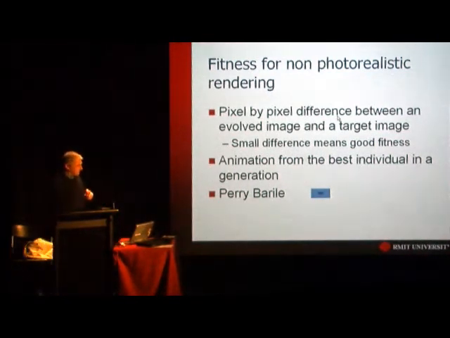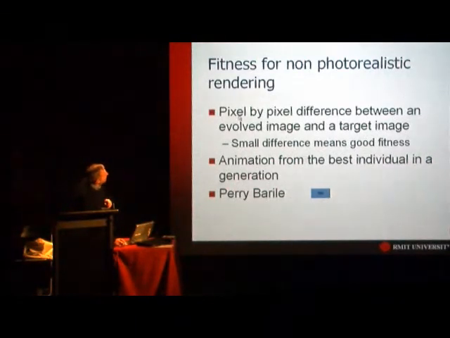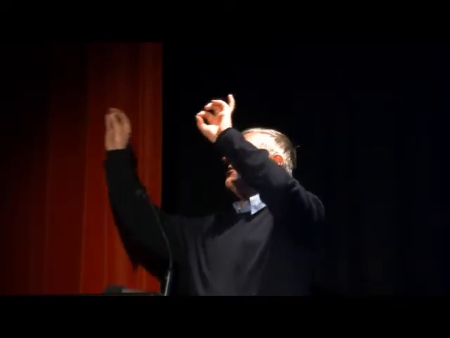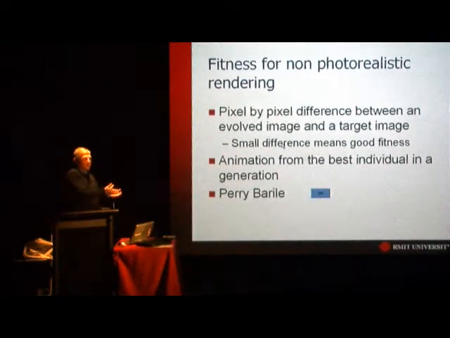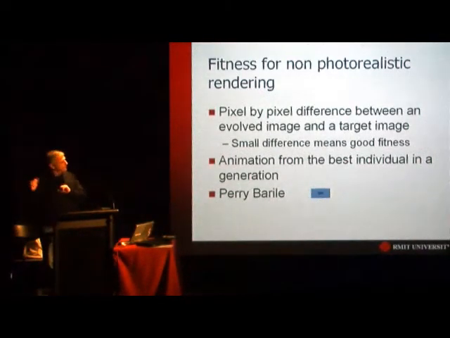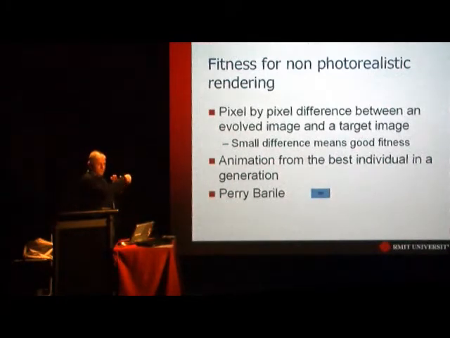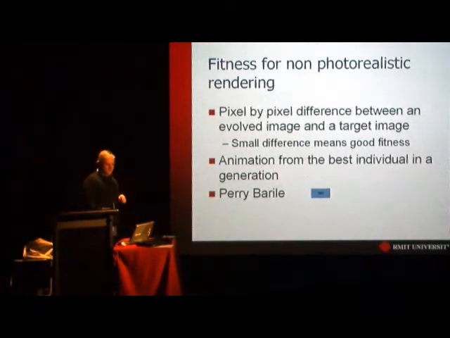We're using straight pixel by pixel differences between the evolved image and the target image. So we've got the target here, the evolved image is here, one pixel at a time, see how different they are. Add up the differences. If the difference between the evolved image and the target is small, then that means this program's got a good fitness.